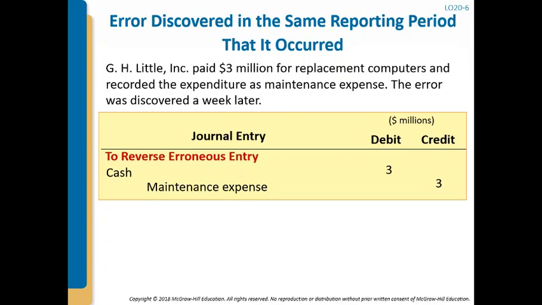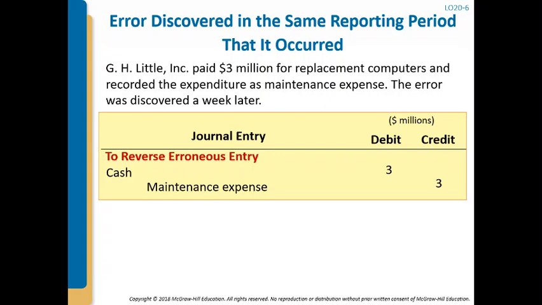GH Little Inc. paid $3 million for replacement computers and recorded the expenditure as maintenance expense rather than computers. Okay, so they should have capitalized computers, but they expensed it.